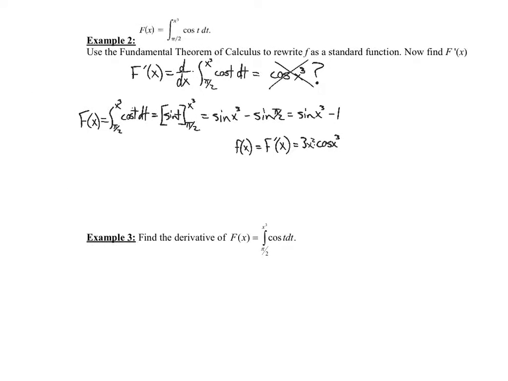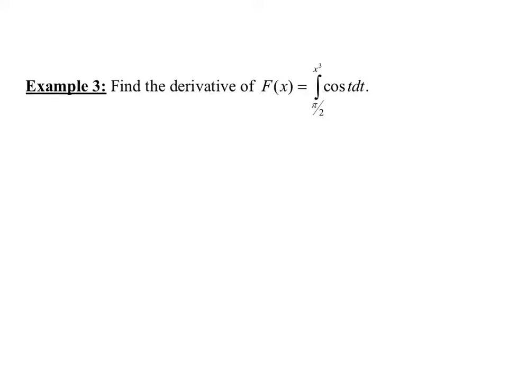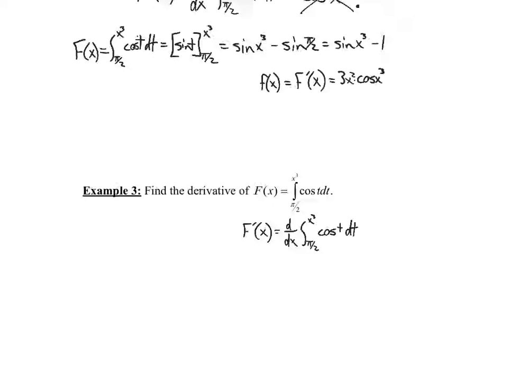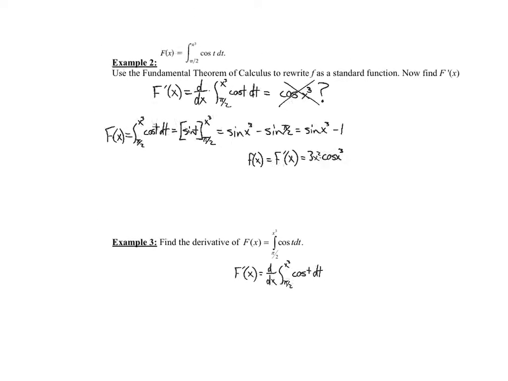All right? So if I were doing this one, find the derivative of capital F of x. So I want F prime of x for this. So the derivative with respect to x of the integral from pi over 2 to x cubed of cosine of t dt. We just did sine. Or no, we did cosine.